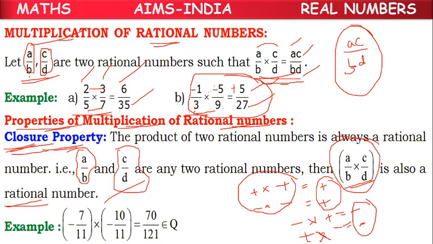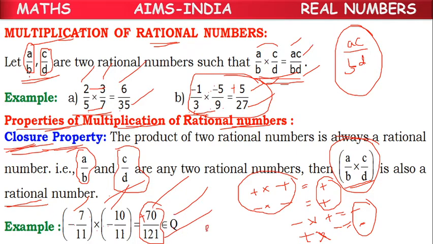Here the example is minus 7 by 11, minus 10 by 11. Minus into minus, same sign, results in plus. 7 10 times 70, 11 into 11, 121. So we got 70 by 121, which belongs to rational numbers.